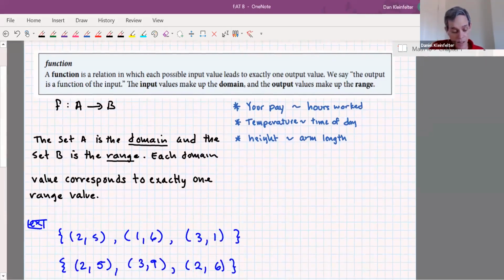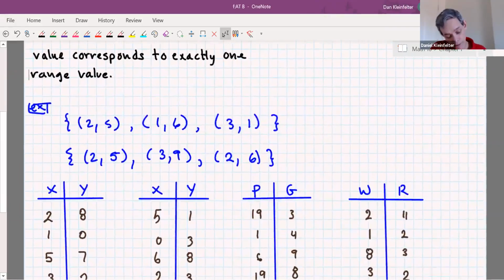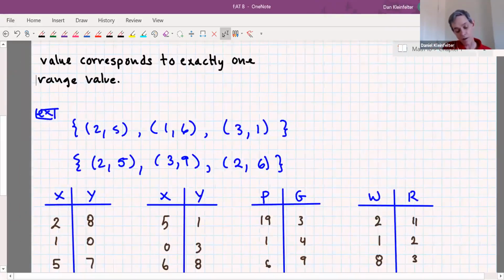Okay, so the two quantities are related to each other, and they should be related in a predictable way. Taking a look at these first two relations, they are written out as sets of ordered pairs. We want to see if each input value corresponds to exactly one output value. Here, the input of 2 corresponds to an output of 5.